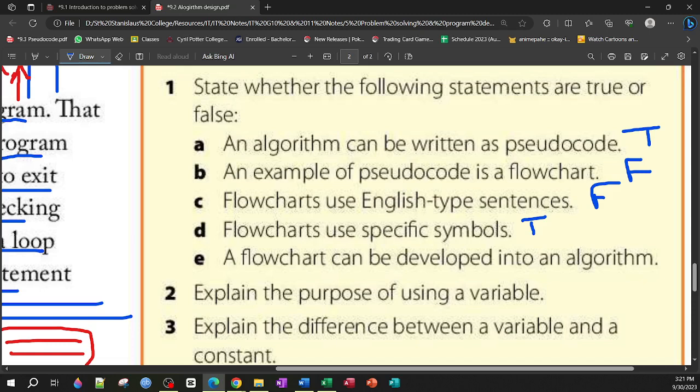Or would that be false? Because technically it's supposed to be an algorithm into a flowchart.